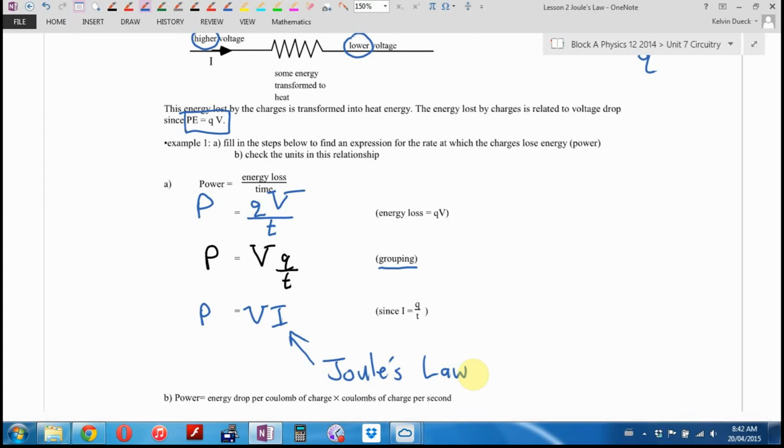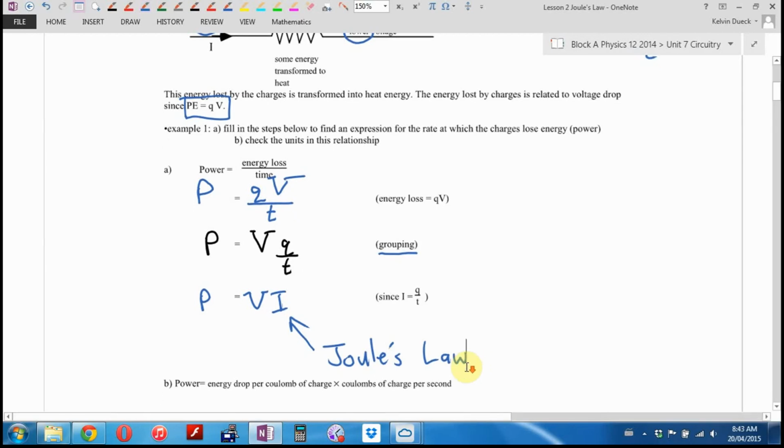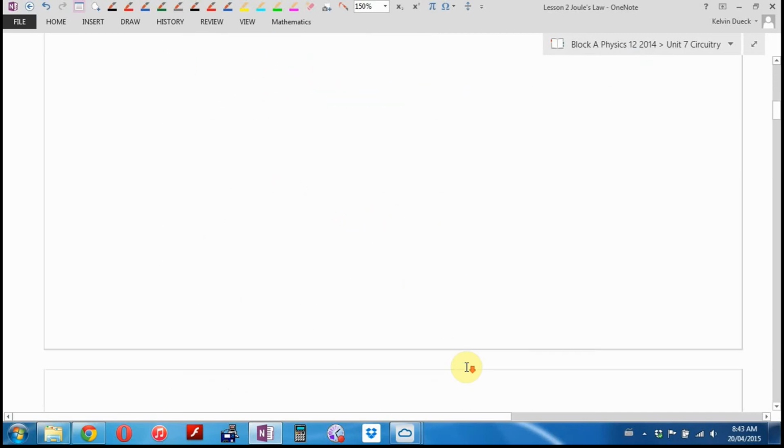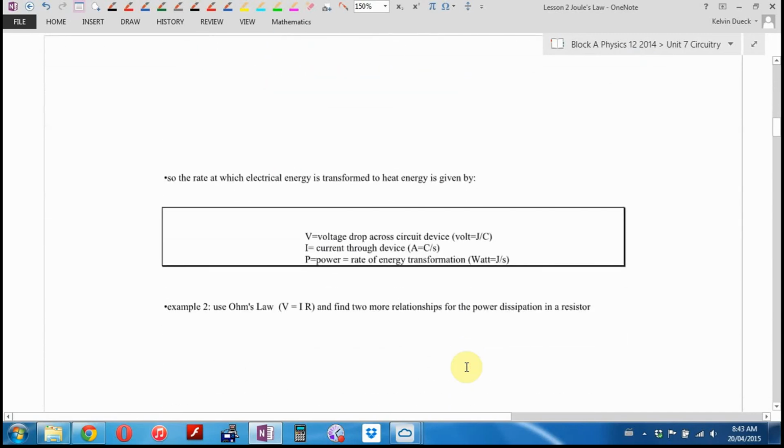He also got a unit named after him. Power is equal to the energy drop per coulomb of charge times coulombs of charge per second. You know what? It's voltage times current. That's power loss when you're going through a resistor. That's the one that's on your formula sheet. In fact, that's the one we're going to put into the little box here.